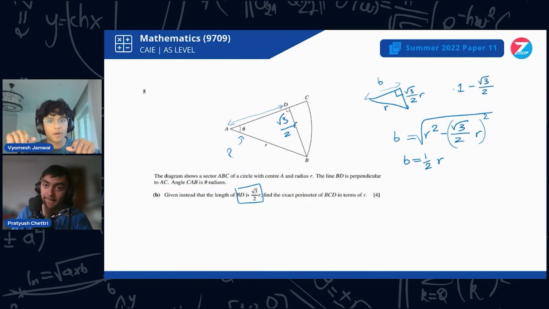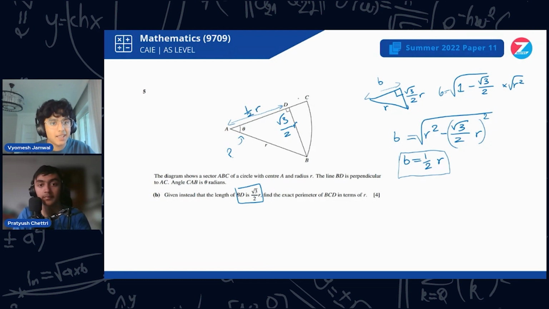So it's just going to be 1 upon 4 R square, and root that. So it's going to be 1 upon 2 R. And so when we've already gotten DA, we could also find CD, right?